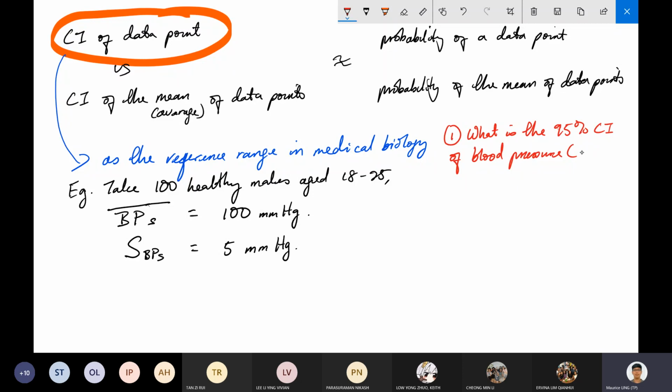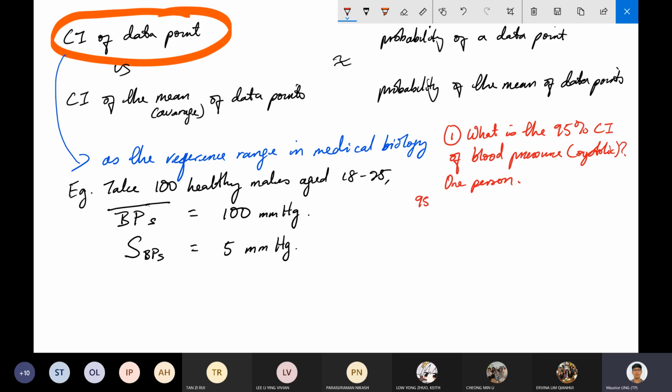Here we are talking about systolic blood pressure. In other words, you're actually talking about one person. So you can build the confidence interval in this case.